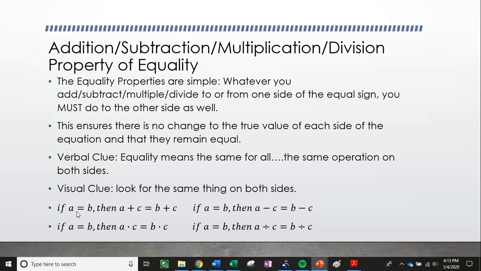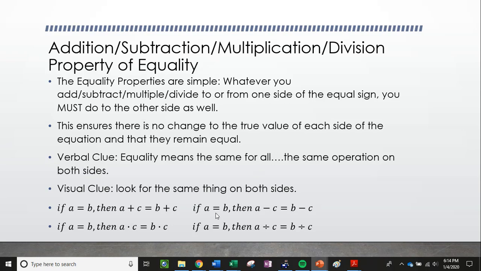Here are some examples. If A equals B, then I'm going to add C to the left-hand side. Well, I have to add C to the right-hand side. If I know A equals B and I'm going to multiply A times C, I've got to multiply B times C also. Same thing with subtraction.